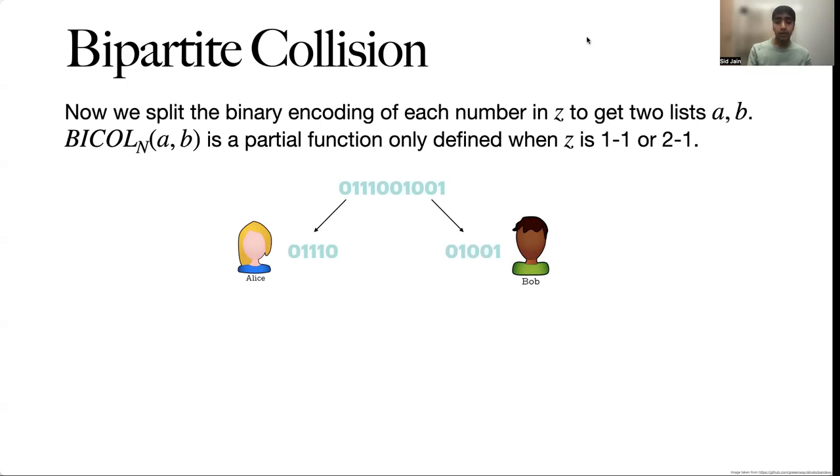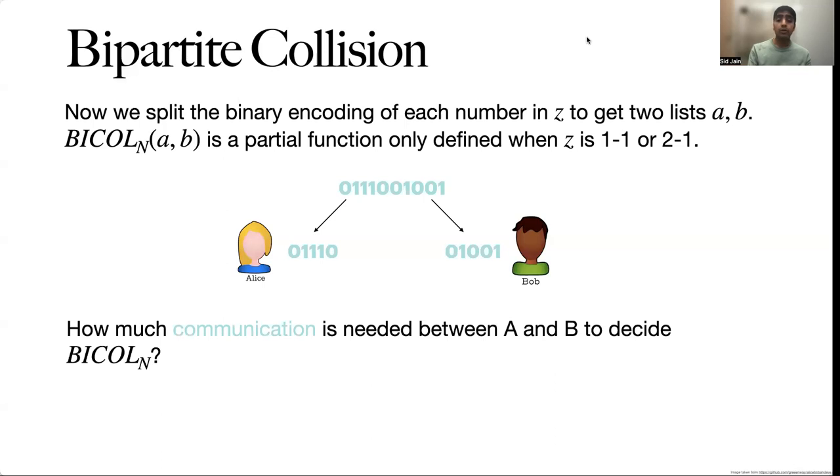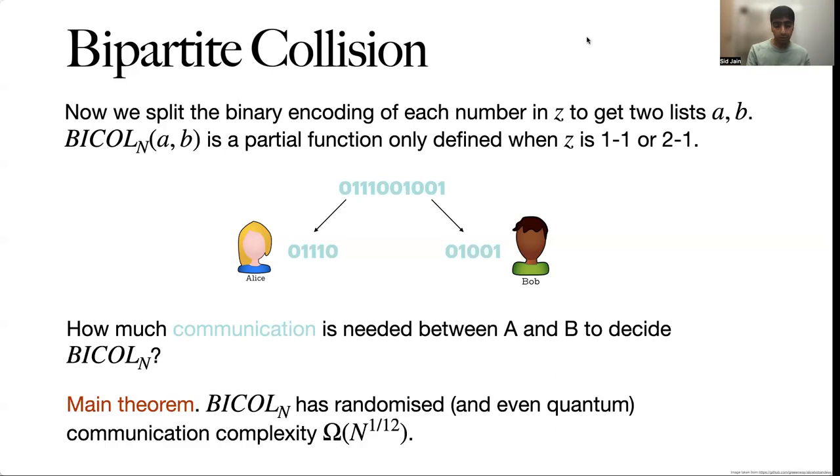And to reiterate, the question we ask is how much communication is needed between Alice and Bob to decide this bipartite collision problem? Our main theorem is that there is a polynomial lower bound on the randomized communication complexity of this bipartite collision problem, and this lower bound applies even to quantum communication.